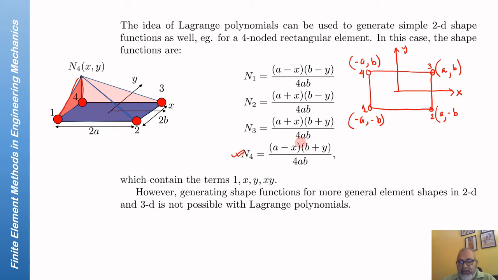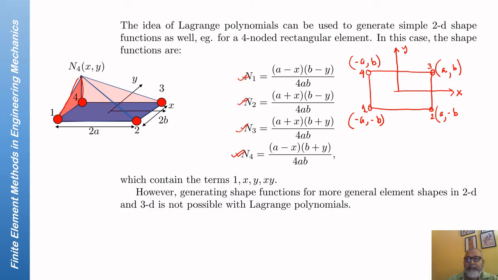So a minus x divided by 2a is the Lagrange polynomial along the x direction, and b plus y divided by 2b is along the y direction. Multiply them together, you get N4. And similarly, bilinear shape functions can be derived for N1, N2, N3, N4.